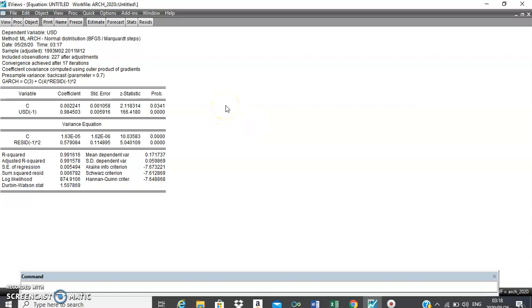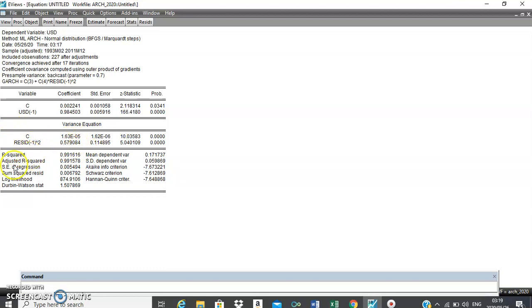The mean equation, where y is a function of the error term from the past, and then the variance equation, where sigma is a function of mu squared t minus 1. This is your mu squared, that's why it's written as residual squared. So this is your mu squared t minus 1.